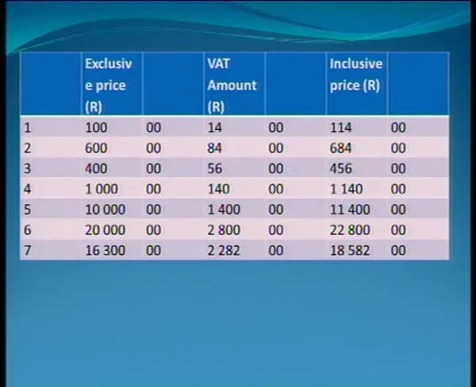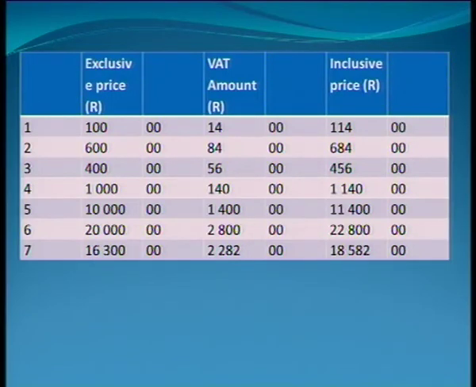Then number 6, you have exclusive 20,000. Your VAT on 20,000 at the rate of 14% is 2,800. Inclusive amount is 22,800. Also number 7, and our last example, you have 16,300 as your exclusive. Your VAT on 16,300 is 2,282.